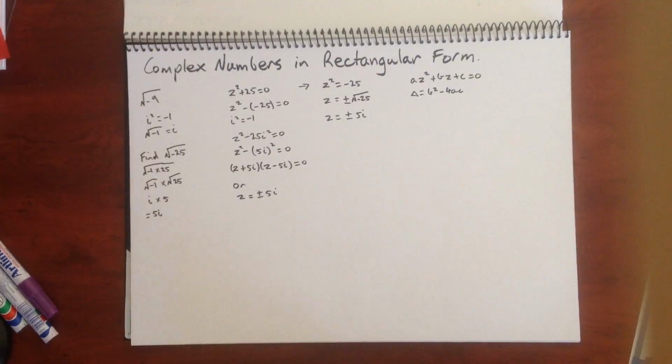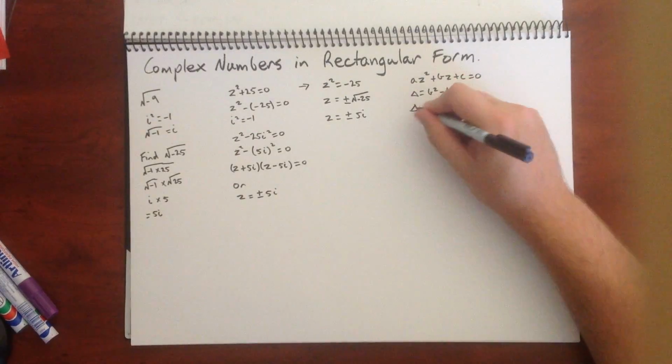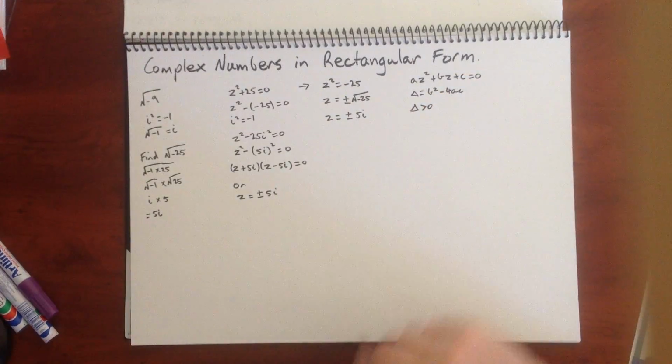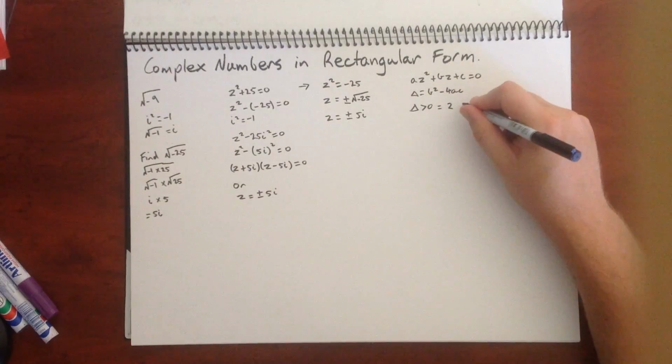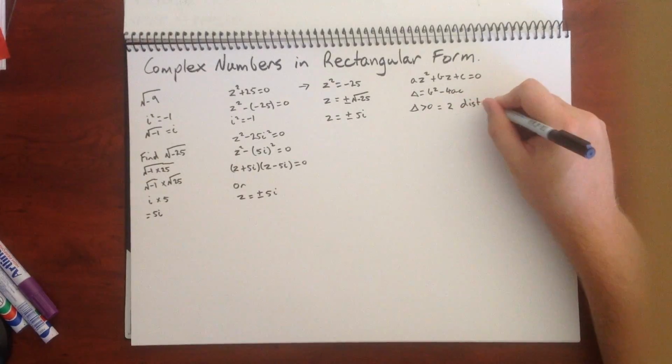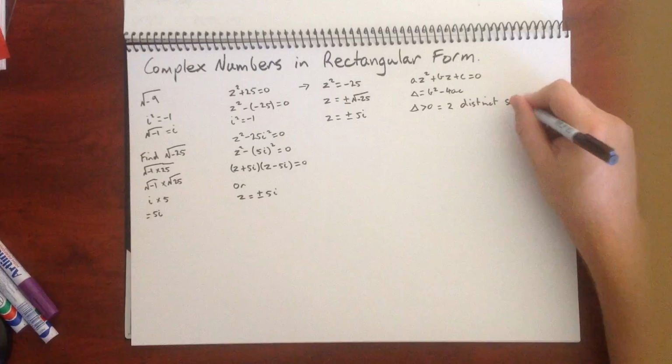We use the value of the discriminant to know how many solutions we had. When the discriminant was larger than 0, we had two distinct solutions.